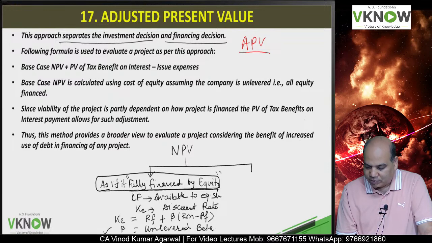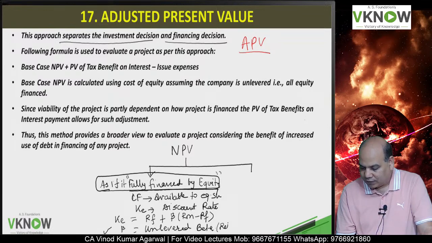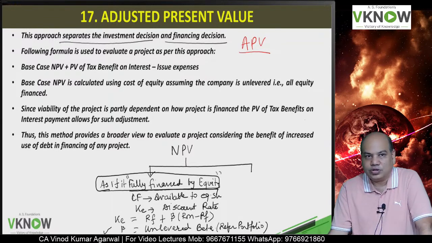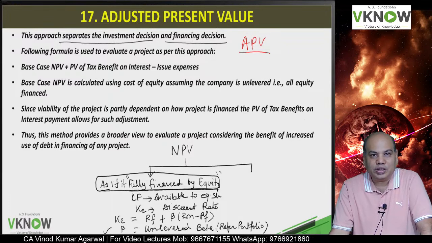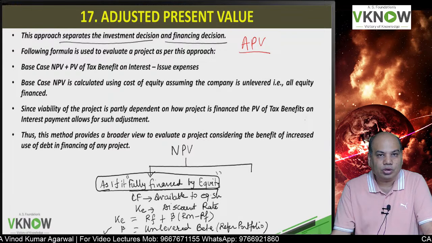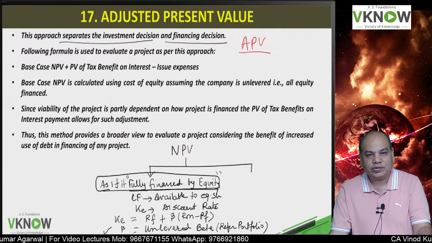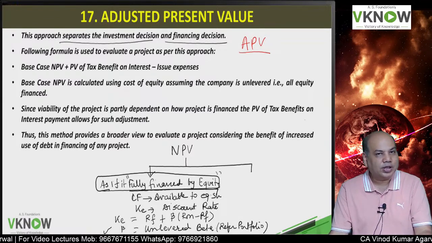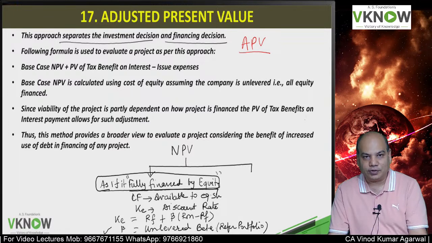What is unlevered beta? Refer portfolio chapter. Unlevered beta is the beta of equity of a firm which uses only equity, which doesn't use debt. So it is the beta of a 100% equity finance company, an unlevered firm.